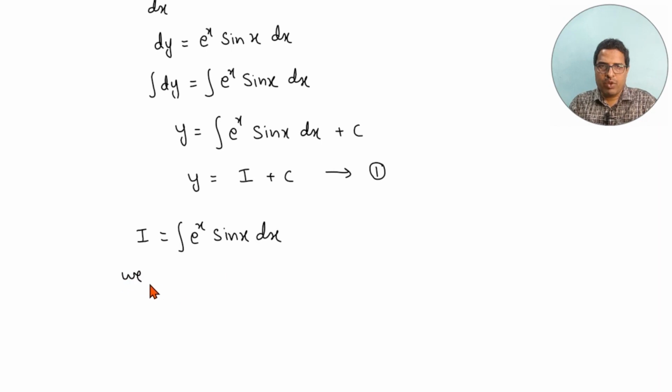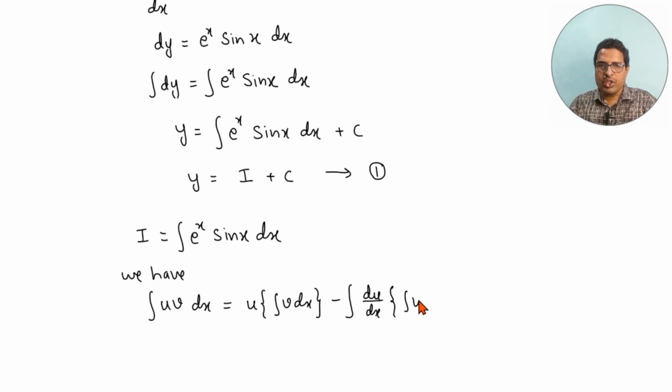So we have this formula: integral of u v dx = u times integral of v, minus integral of (du/dx times integral of v) dx, plus the constant of integration c.